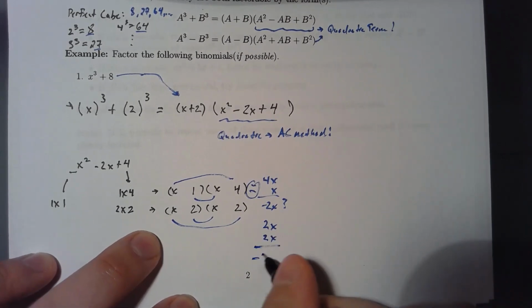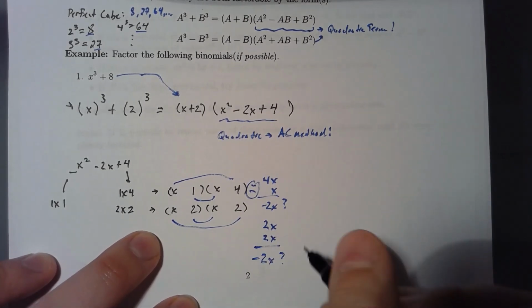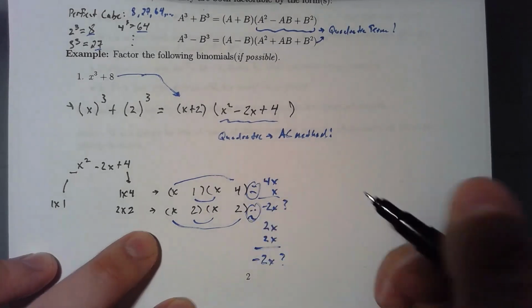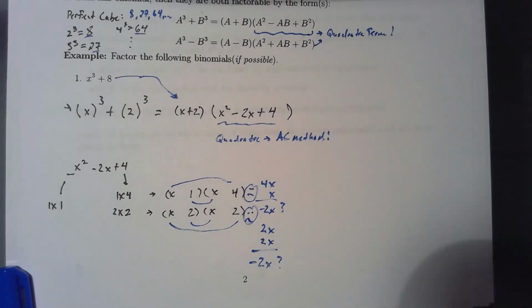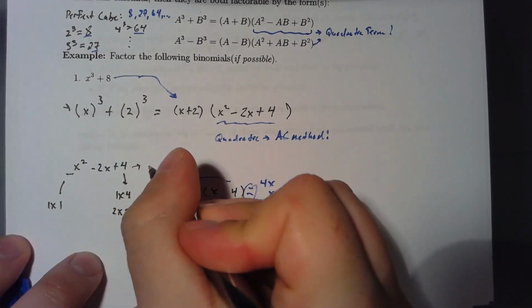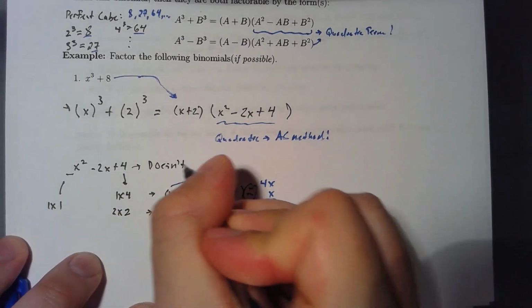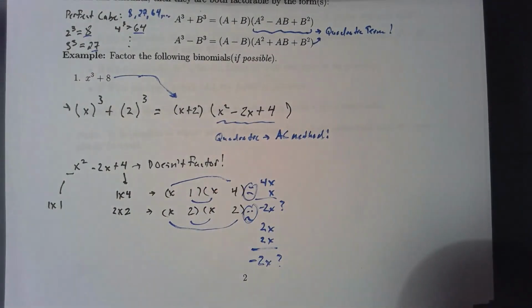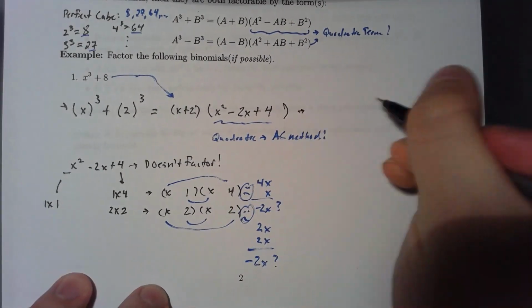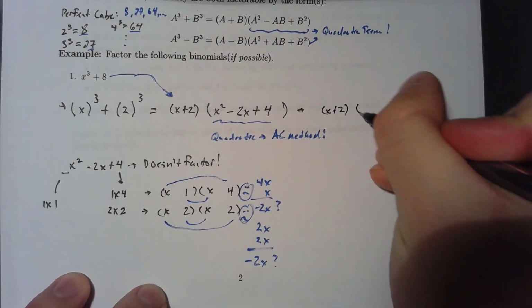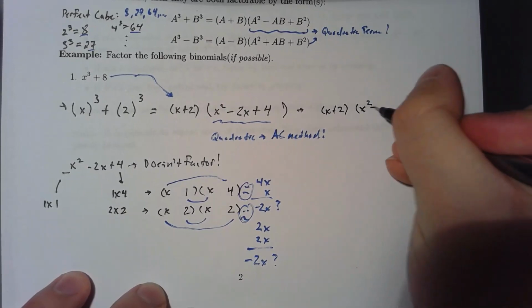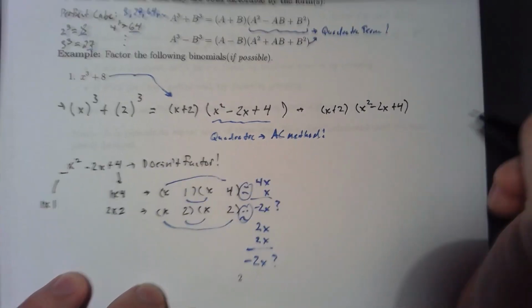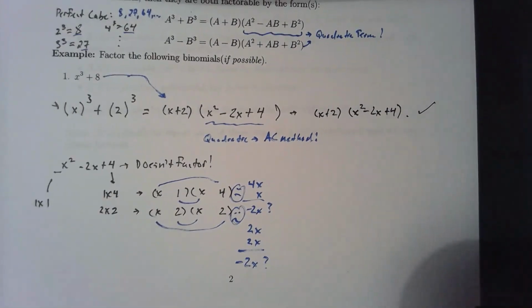Is that going to give me -2x? No, it's not. So what does that mean about this quadratic? It's prime. It doesn't factor. So because that doesn't factor, I'll just rewrite the factored form here. That's as far as you can go. That's it.